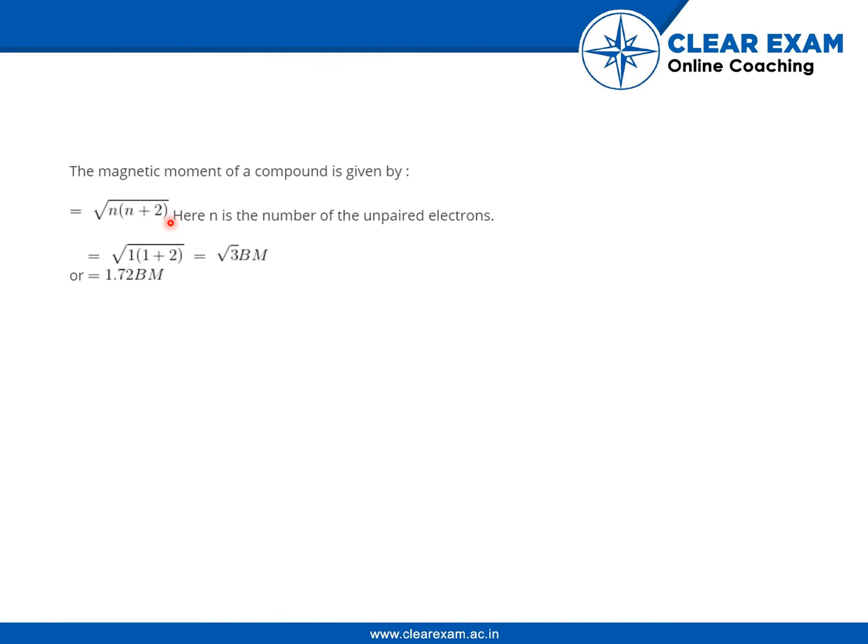The magnetic moment is given by this formula. Since CN is a strong field ligand, the 5 electrons will be in the t2g orbitals, 4 of them will be paired up in the first and second orbitals, and the third one will be unpaired. So n is 1, and 1 into 3 gives root 3 Bohr magneton, which is 1.73 Bohr magneton. The stereochemistry is optically inactive.